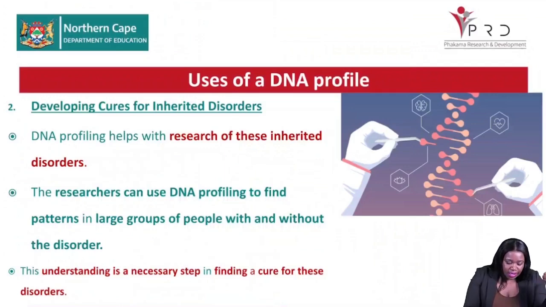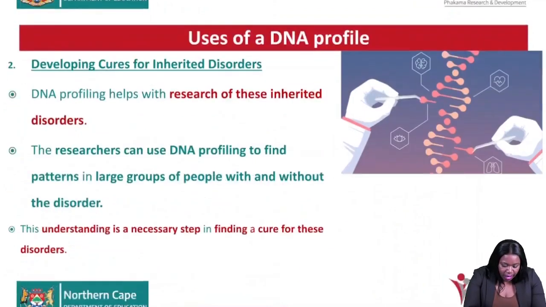And then we have the development of cures for inherited disorders. These DNA profiles will help with further research of the inherited disorders. The researchers can use those profiles to find patterns in large groups of people with and without the disorder. The more they understand the disorder, the more they will be able to find the necessary cures for it.